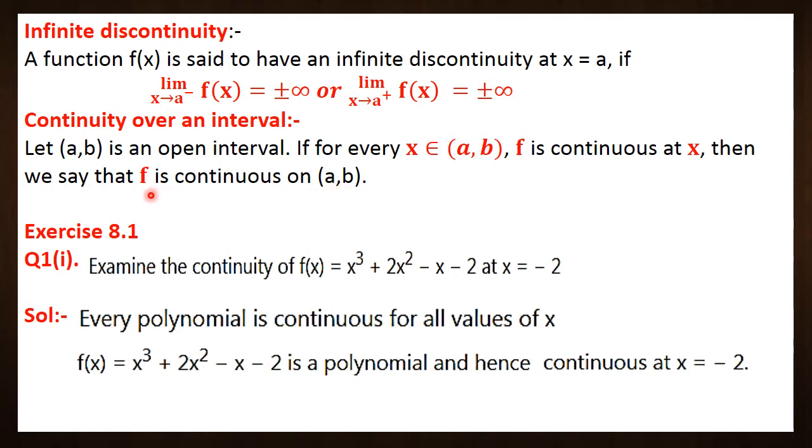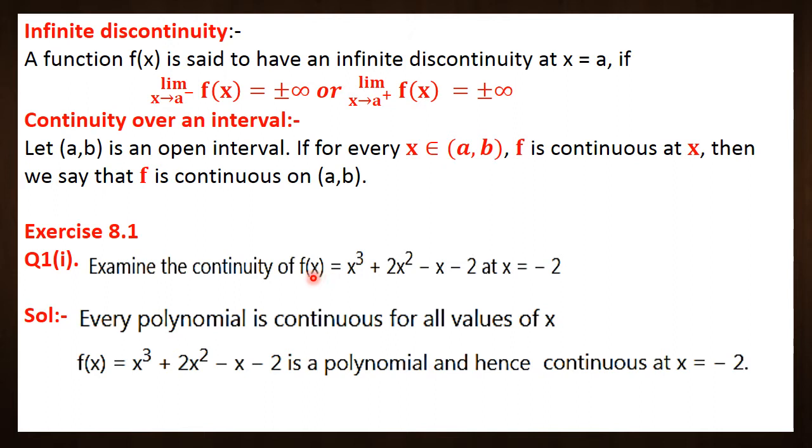Now, using all these results, we will solve the sums of exercise 8.1. Question number 1, first question. Examine the continuity of f of x equal to x cube plus 2x square minus x minus 2 at x equal to minus 2. We have to check whether the function is continuous or not at the point x equal to minus 2.